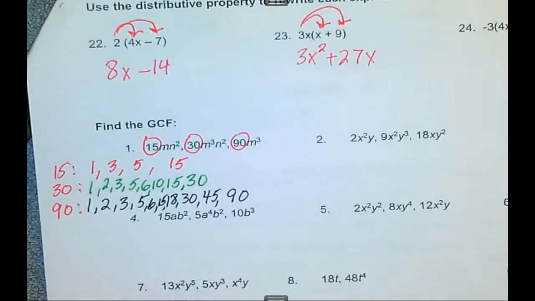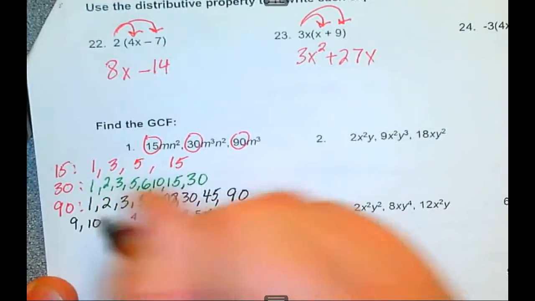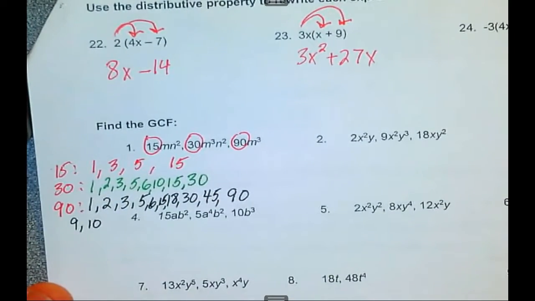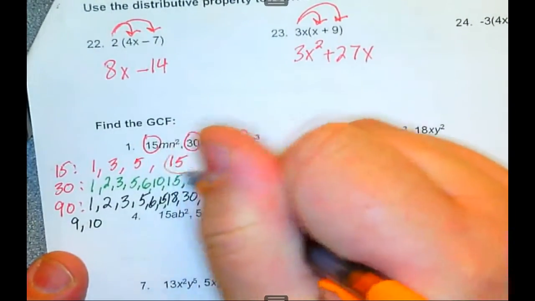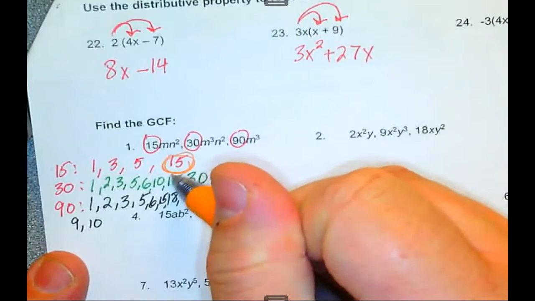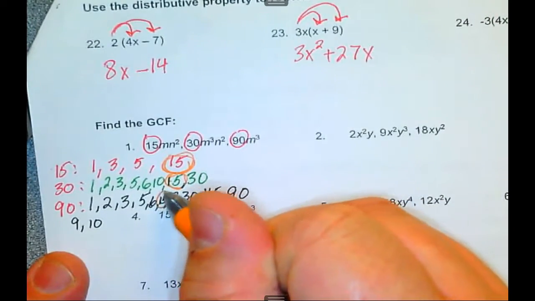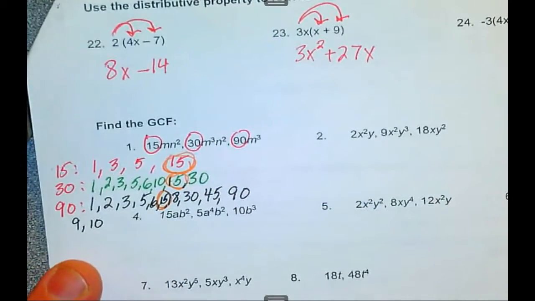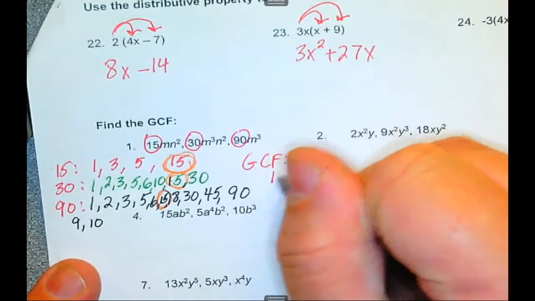I'm pretty sure that's it. Oh no, we got 9 and 10. Okay, what's my highest one? 15. Okay, I have a 15 and 15. I have a 15 and 30. And I have a 15 and 90. So my greatest common factor so far, I'm going to start with 15.